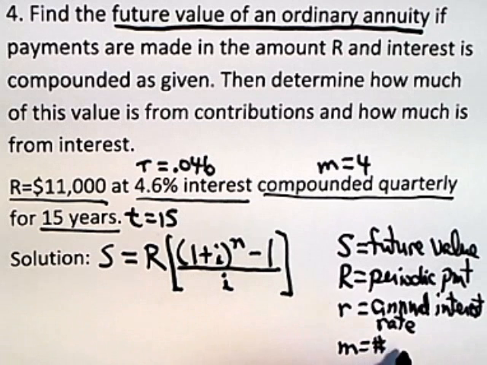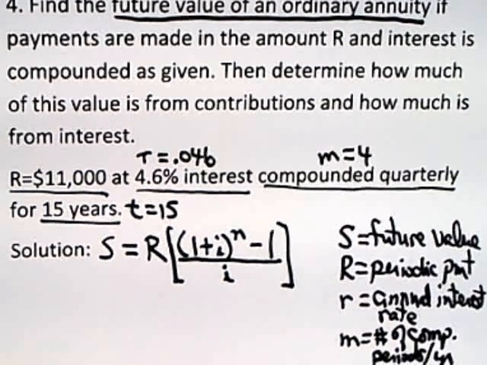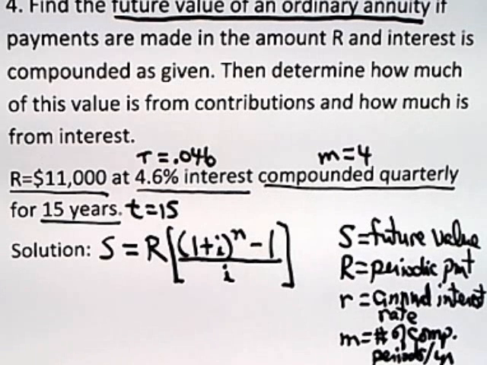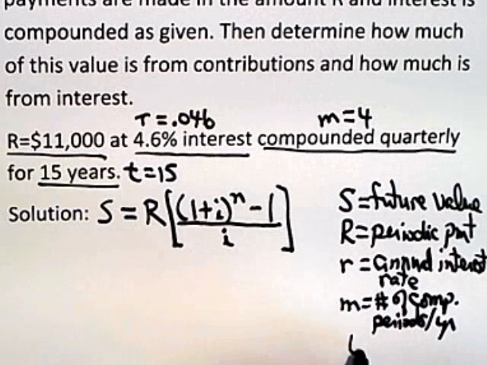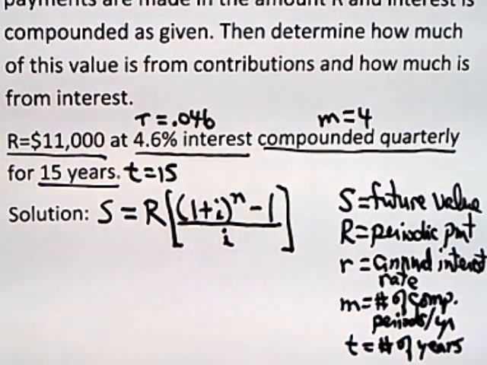M is the number of compounding periods per year. And of course, I should also say what T is. T is the number of years of the annuity, the term of the annuity.